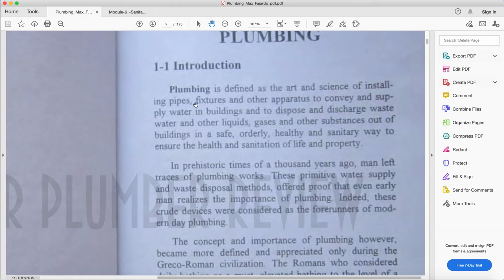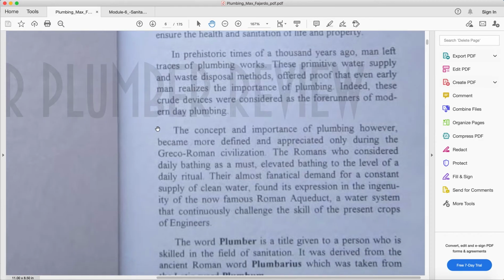But if you want a bigger scope in terms of sanitation or water distribution system, you can have your second degree, which is sanitary engineering. You will just have additional units, not less than 75 units. So that is the definition of plumbing.